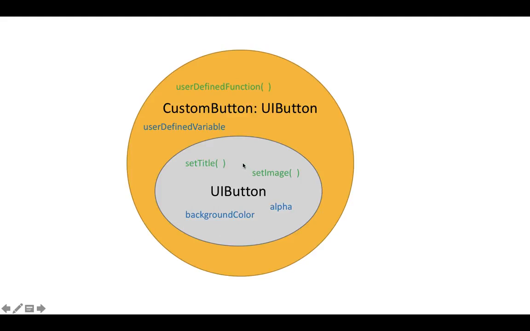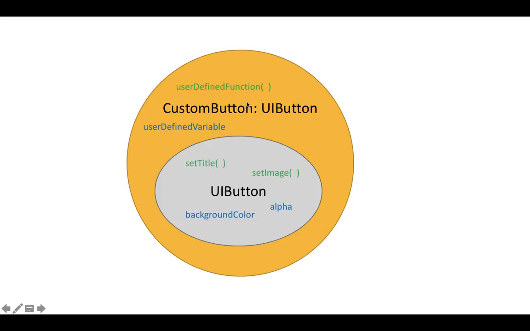So let's say I'm now trying to create a new class with the name CustomButton, and I subclass UIButton. When I subclass UIButton, this CustomButton can actually have all the functionalities of UIButton. So I can call setTitle from CustomButton, and I can call setImage. I can also call backgroundColor and alpha from CustomButton.